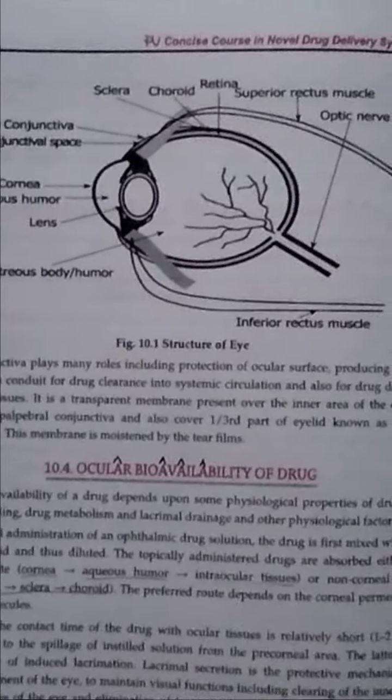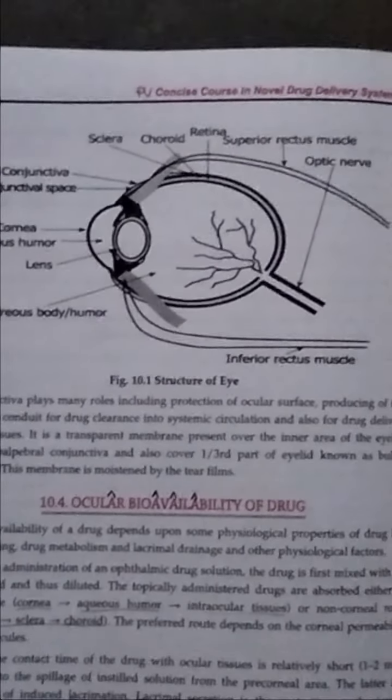The membrane is moistened by the tear film produced by the lacrimal glands.